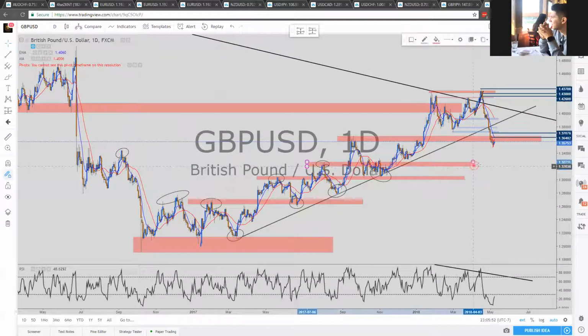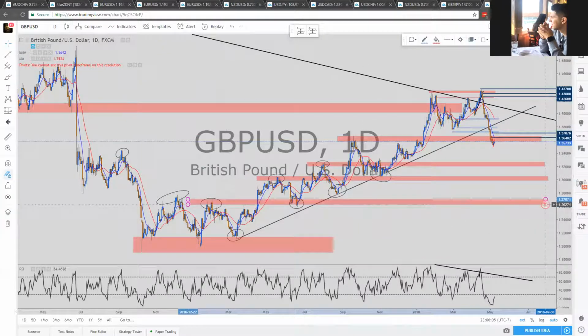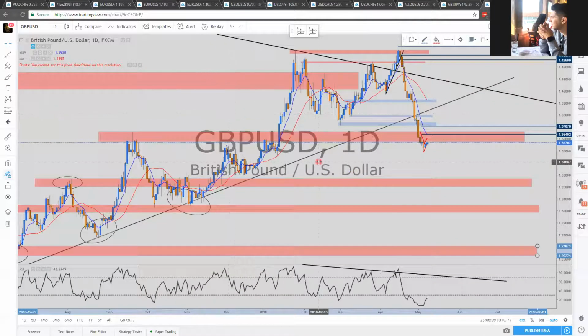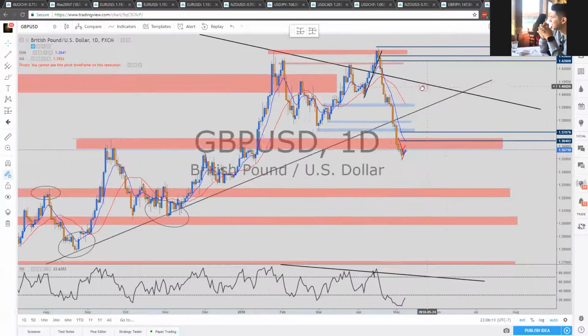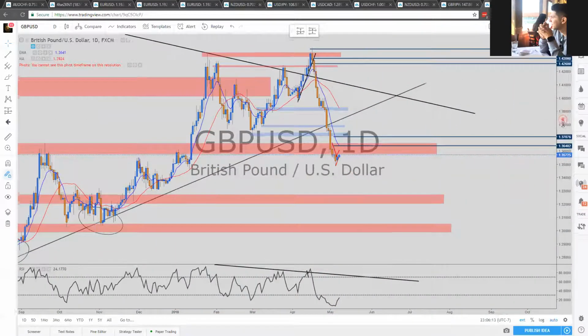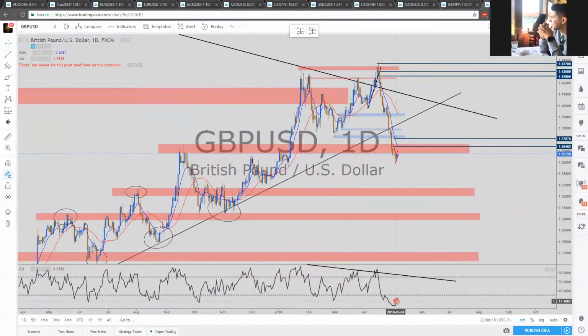Now we have all of these areas that I can drag over. It's going to be my areas to target when the market's dropping down. So doing this, you can see price is highly oversold at this area here.